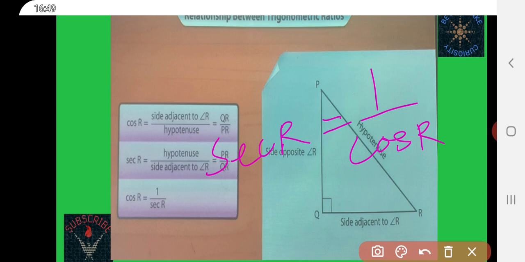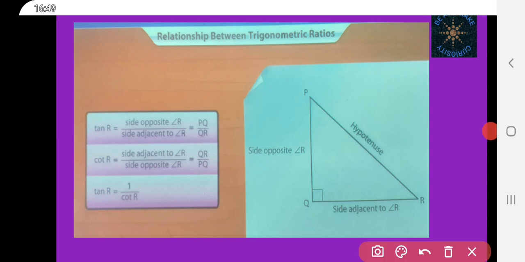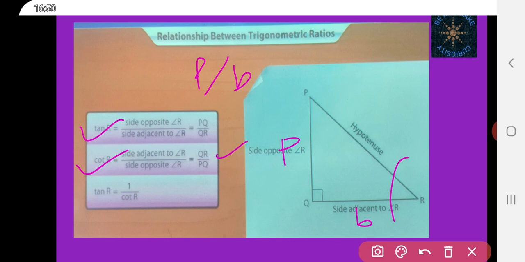Okay, so next, here tan r is equal to p by b, that is pq by qr, and cot r is equal to b by p, that is qr by pq.